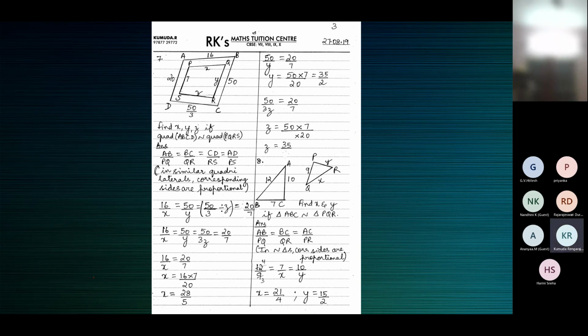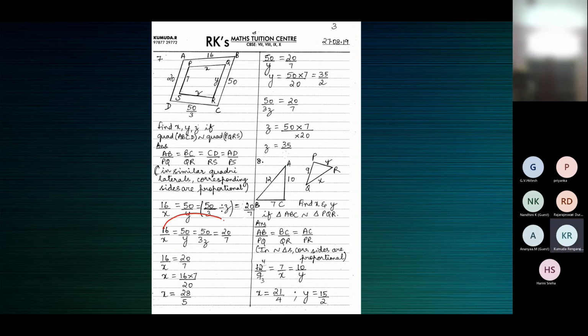In the first one, you have a complete ratio in 20/7. So equate to 20/7. If you try to equate these two, you cannot find anything because you don't know x and y. So there's no point equating these two.